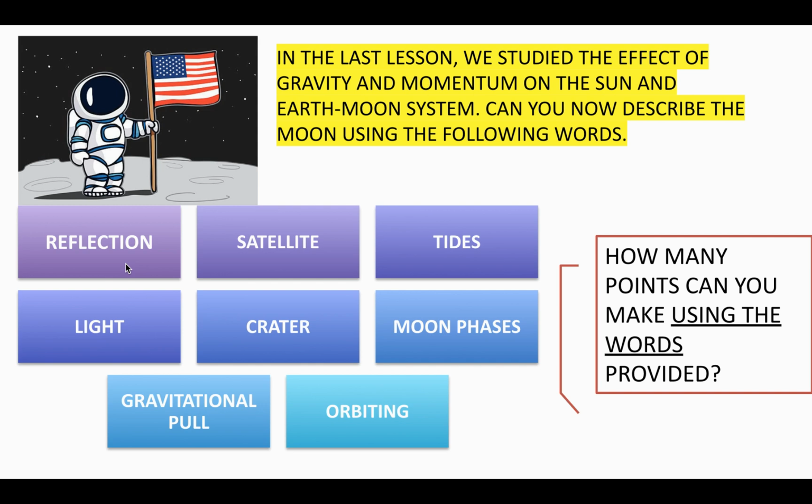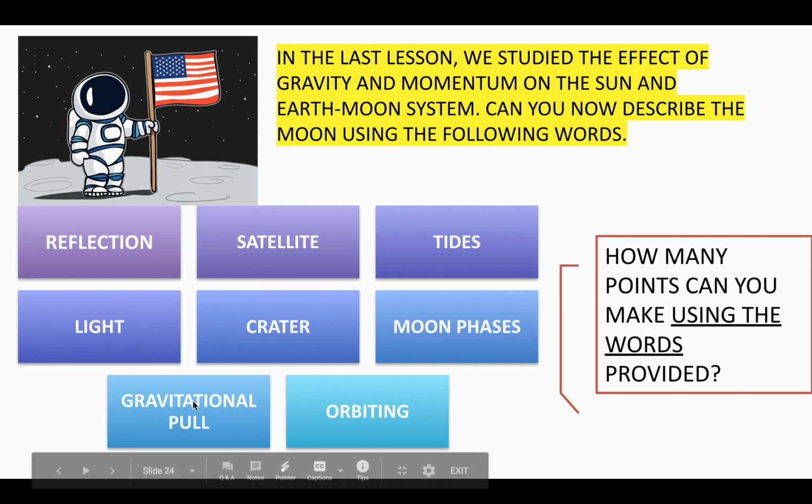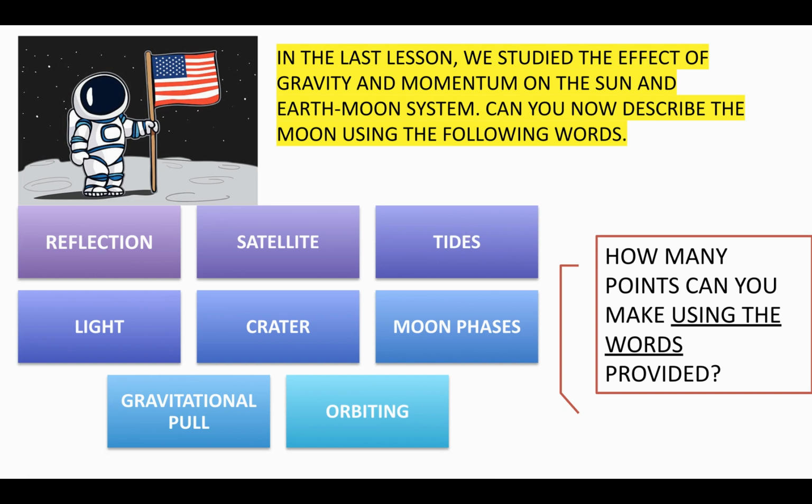The moon is a satellite of the Earth. Okay, that means it orbits the Earth. Because of the strong gravitational pull of the moon, it is a large celestial body. It is pulling on the tides of the Earth, so the ocean tides. It causes waves on the Earth.